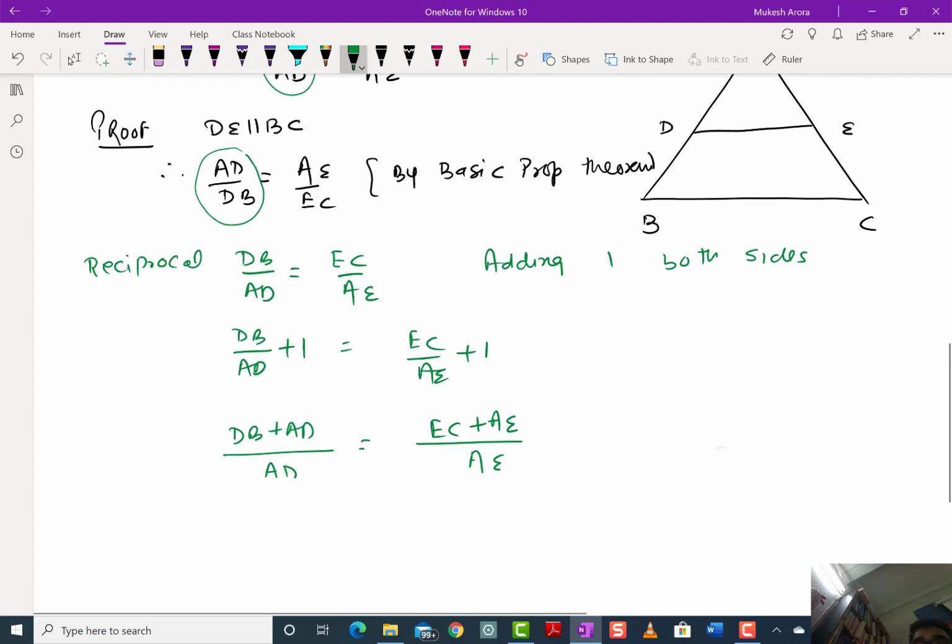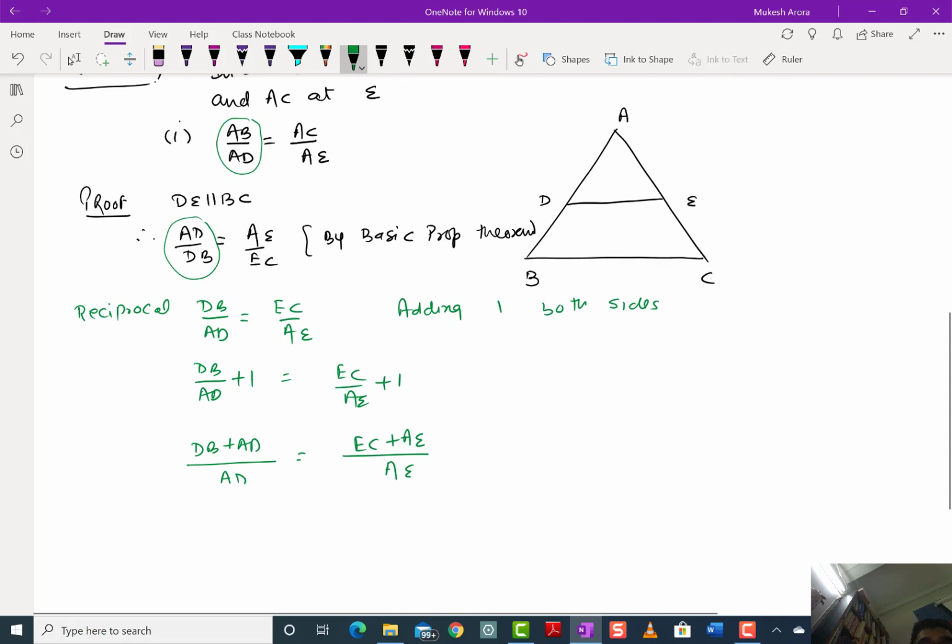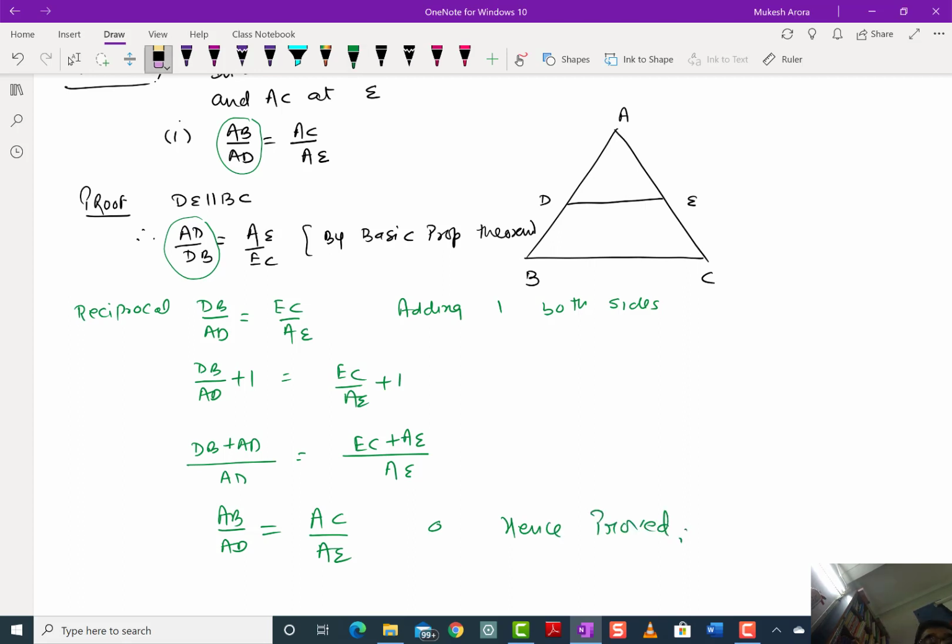Now if we see carefully, DB plus AD becomes AB, so AB upon AD is equal to AC upon AE. Hence proved. Right.